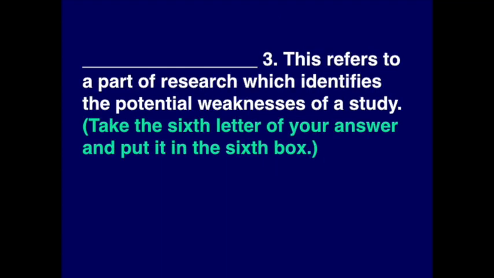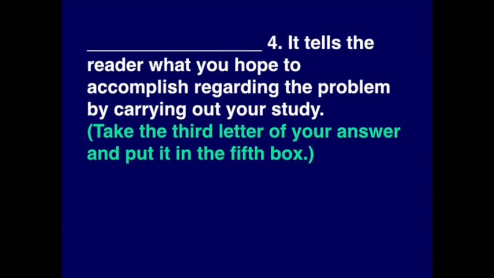Number 3. This refers to a part of research which identifies the potential weaknesses of a study. Take the 6th letter of your answer and put it in the 6th box. Number 4. It tells the reader what you hope to accomplish regarding the problem by carrying out your study.